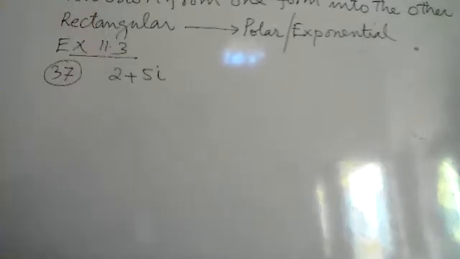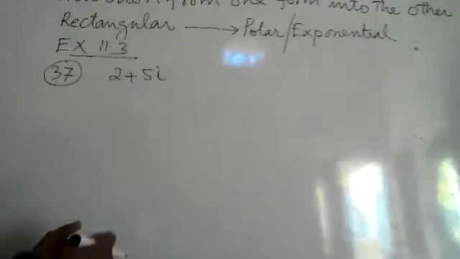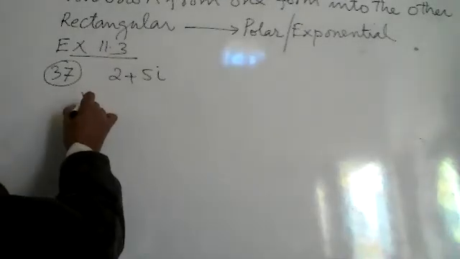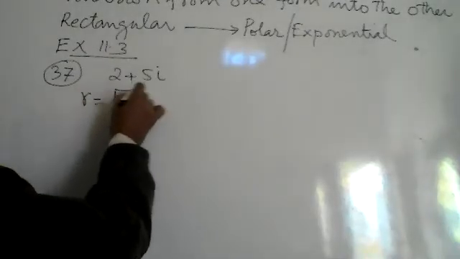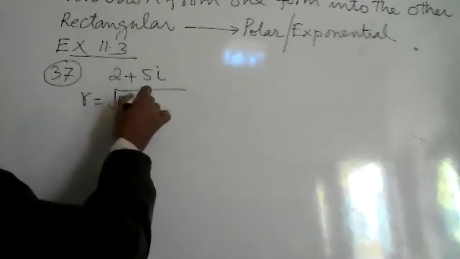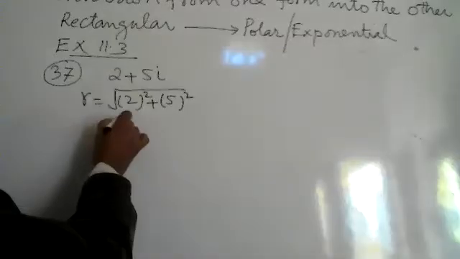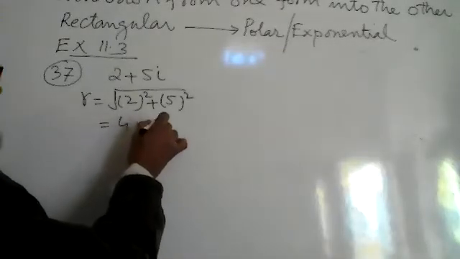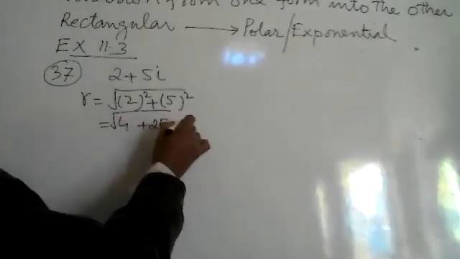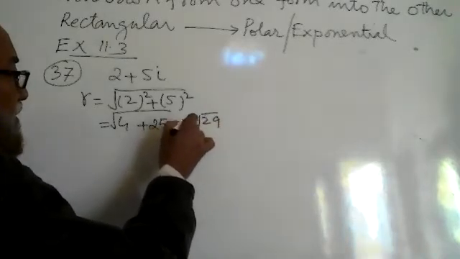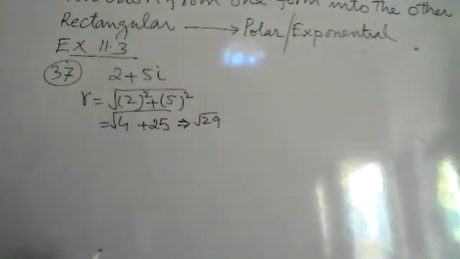We have to convert it into the polar and exponential form. For the polar form, first of all, we'll find r. R will be the square root of 2 squared plus 5 squared. It will become the square root of 4 plus 25, which is the square root of 29. This is r.